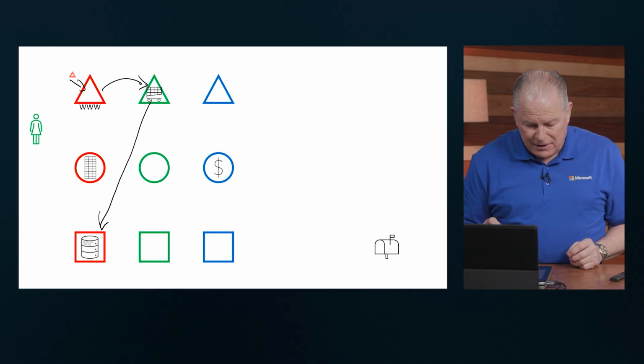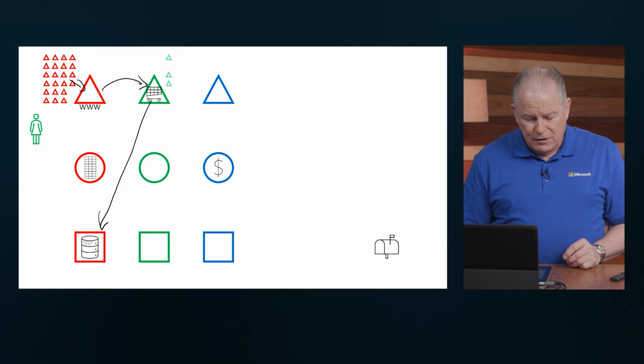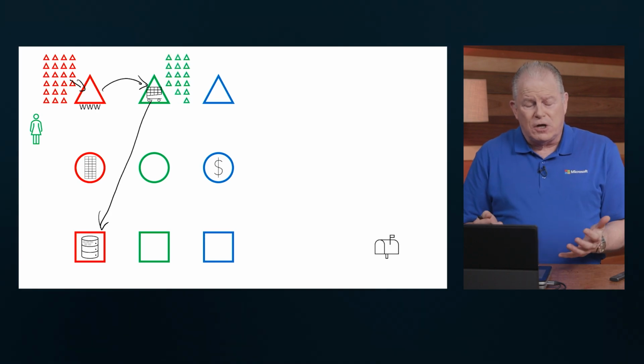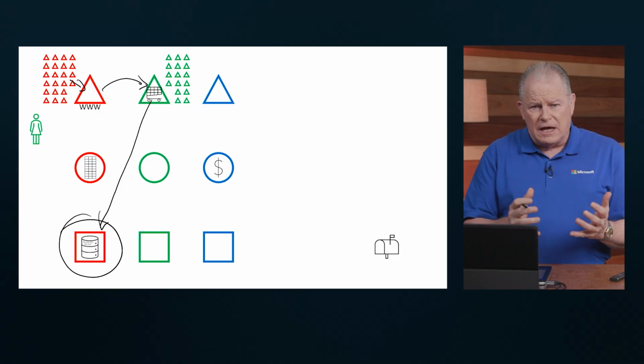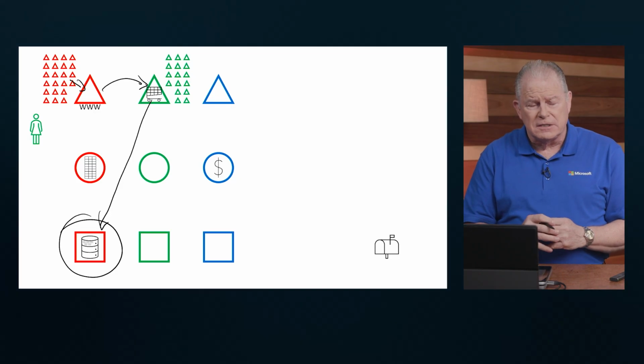If all of a sudden I get millions of users putting hundreds of thousands of things into a shopping cart, I need a SQL database that is going to have to scale to meet these requirements.